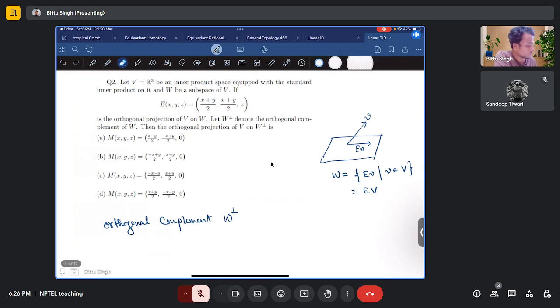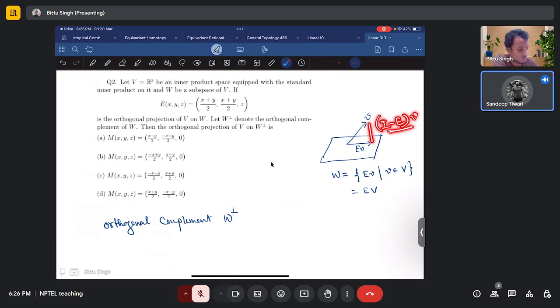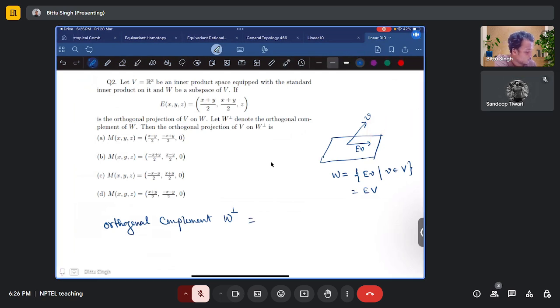It is simply all those vectors of this form, I minus E applied on V. The orthogonal complement is unique, and all those kinds of vectors will give you the orthogonal complement. So W perp is the same as I minus E applied on V for all V belonging to the space. It comes from the previous discussion.